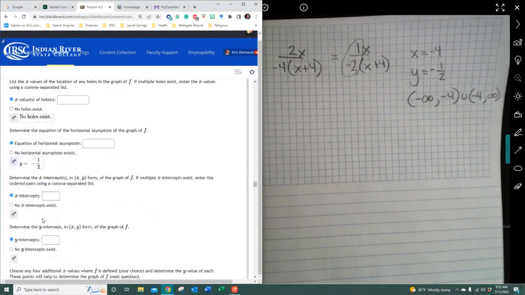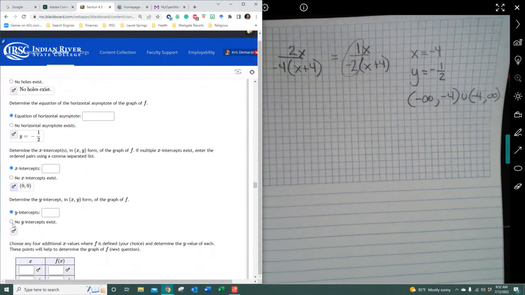X-intercept. The x-intercept is where y equals 0. So you go ahead and set that equal to 0. And you can also use your graphing calculator to determine that. For the sake of this, it's (0, 0). Now determine the y-intercept. It's going to be the same exact answer, (0, 0).